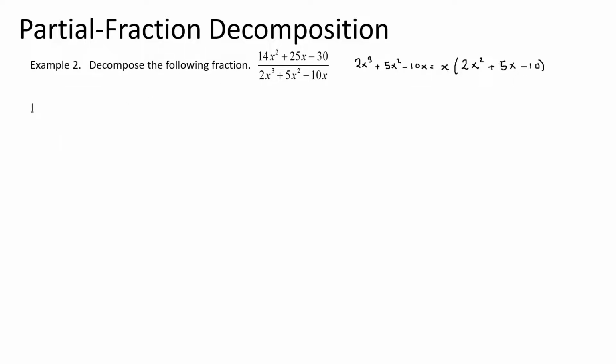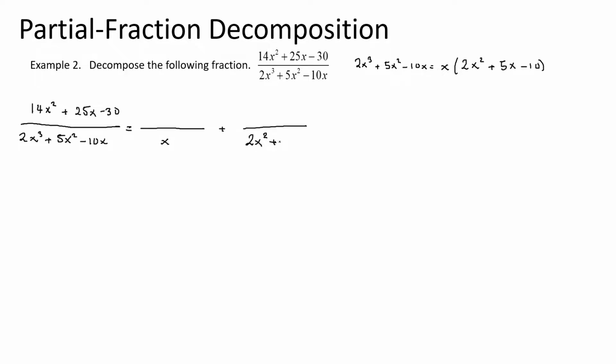So 14x squared plus 25x minus 30 over 2x to the third plus 5x squared minus 10x will be equal to your first denominator being x, your second denominator being 2x squared plus 5x minus 10.